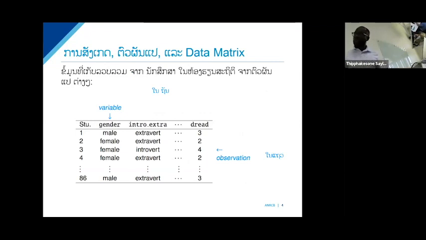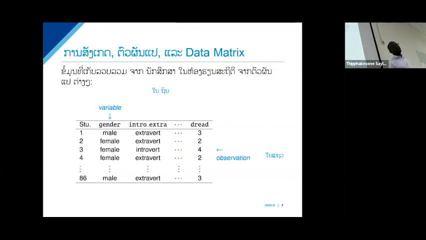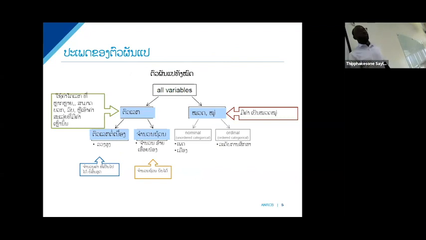What I just talked to you about is a picture showing exactly that: the rows are individuals and the columns are variables, or characteristics, features. We use all these words.